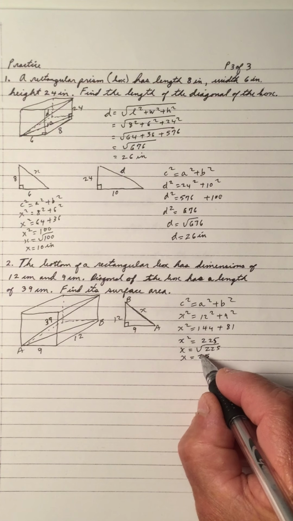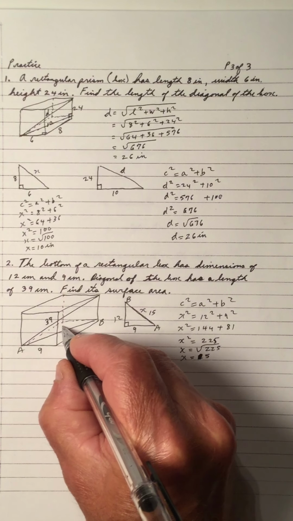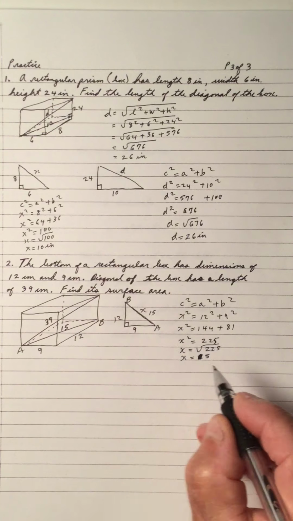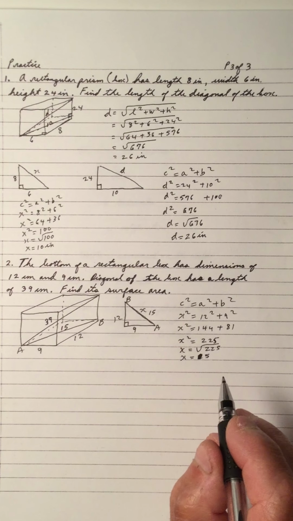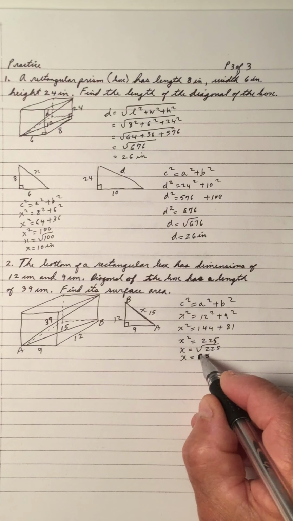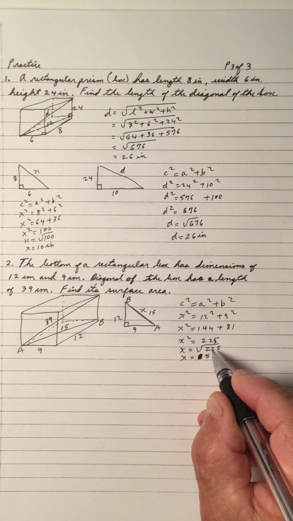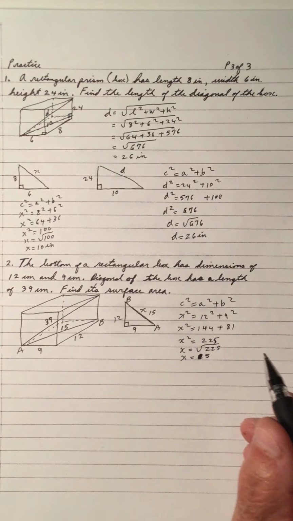I said 25, I'm not thinking now. The square root of 225 is 15. Sorry about that. So the diagonal at the bottom is 15. The square root of 625 is 25, but the square root of 225 is 15.